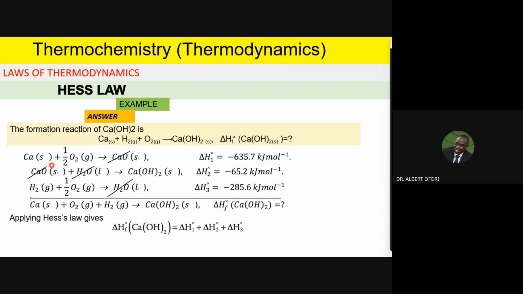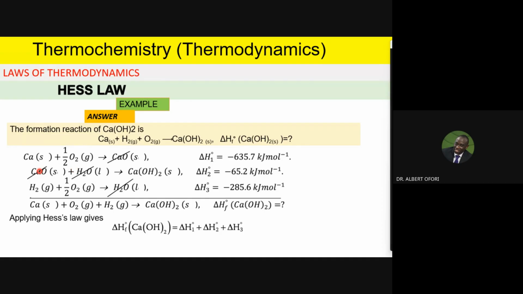Now, how do we get that? We have equation 1, which gives us this delta H, equation 2 gives us that, and then equation 3. How do I get this equation? You see, when we have a reaction where the reactant is the same as the product, then there's no reaction going on. In that case, that species is just going to be a spectator, or it can just be an intermediate.